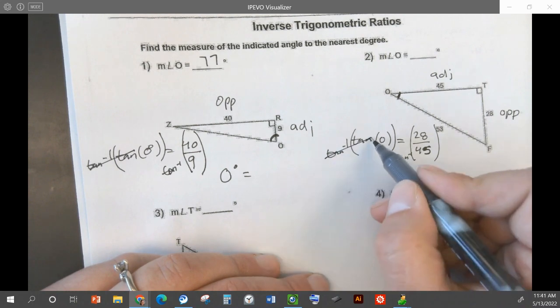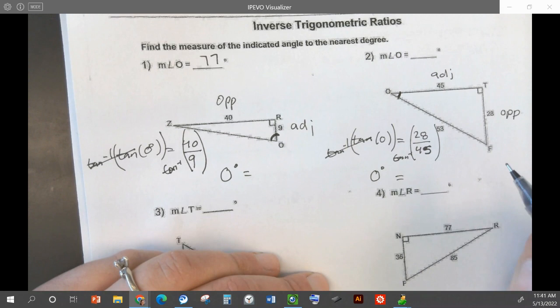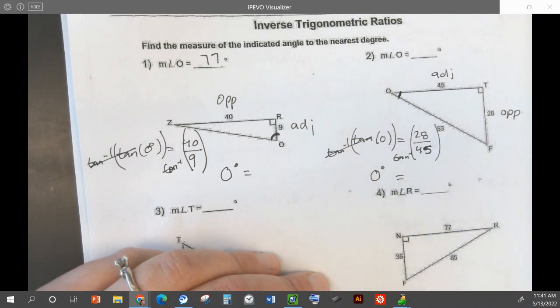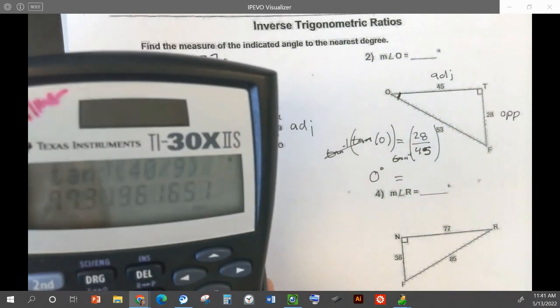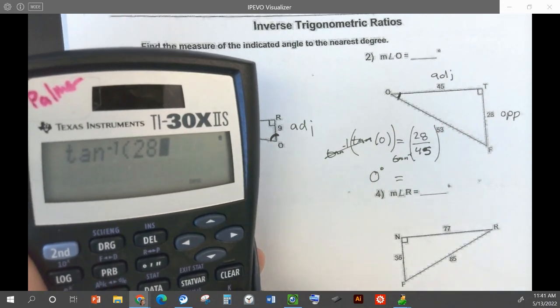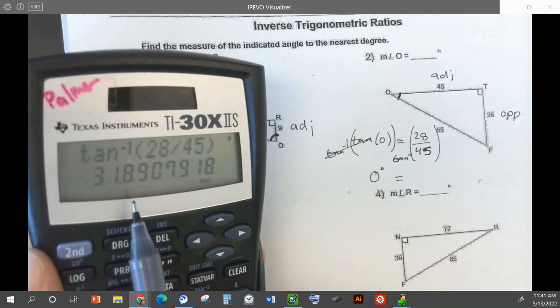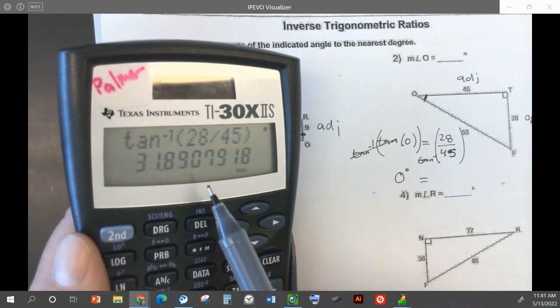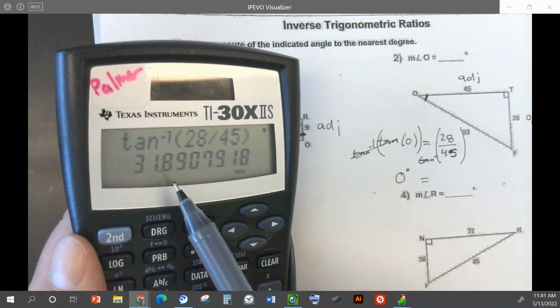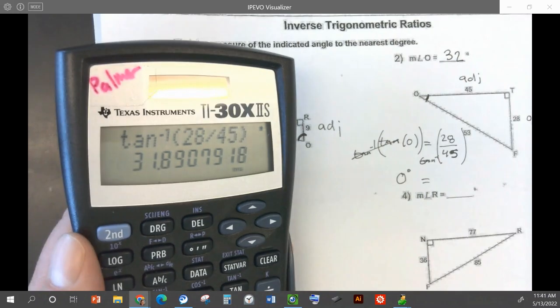So tangent inverse cancels tangent. This is angle O. Looks like a 0, but it's angle O. Equals whatever this is. Tangent inverse of this. Tangent inverse of 28 divided by 45. Okay, and 8 is bigger, the first decimal. 8 is bigger than 5, so I'm going to round up to 32. 32 degrees. Okay.